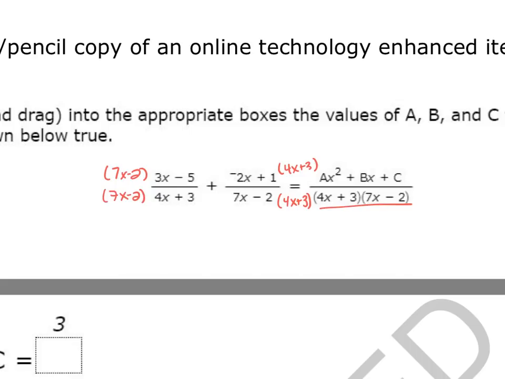My goal really at this point is to multiply the things that I've written down and combine like terms to see what comes out with ax squared plus bx plus c. So when I multiply the first ones, I'm going to get 21x squared. And again, you can use your area model to help you multiply.